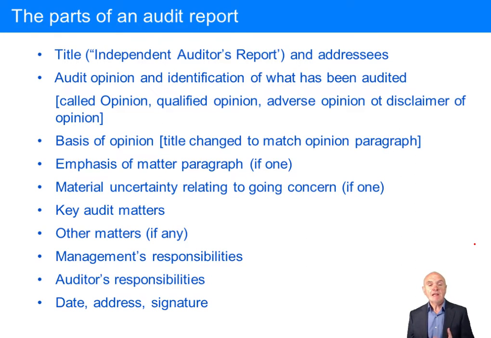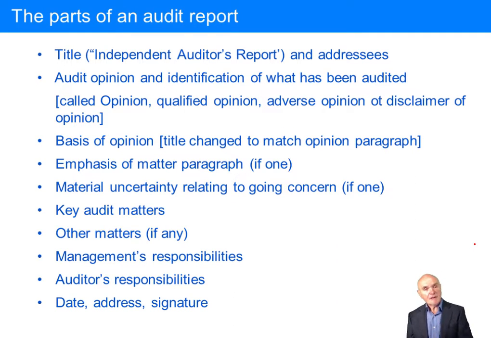In particular, if there's a problem with the financial statements, why you think the financial statements should be qualified in some way, why you think maybe a bad debt should be written off and it hadn't been written off. That's where the details of the problems are. So you keep the opinion fairly clean. Here's the opinion. Then after that, you have the basis of opinion, where you add the detail to how you've come to your conclusion in the opinion paragraph.